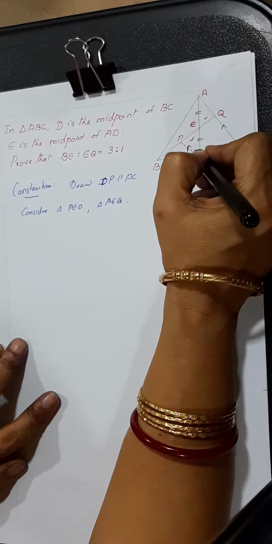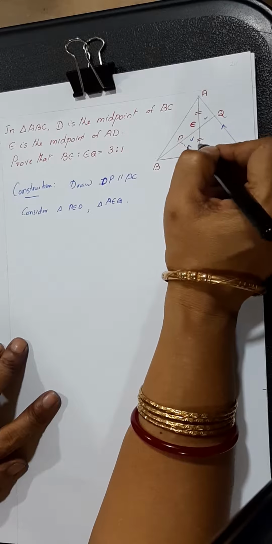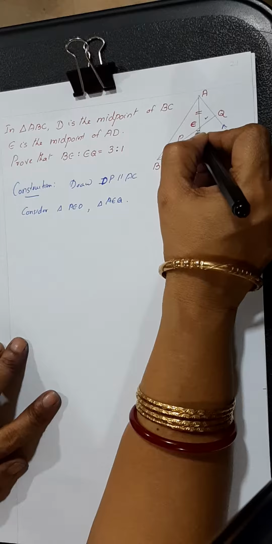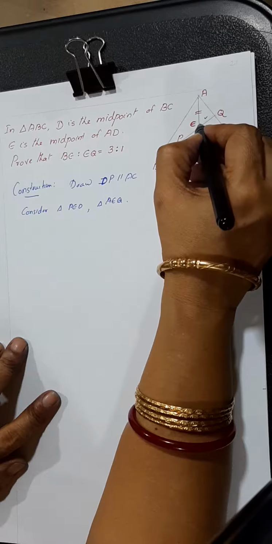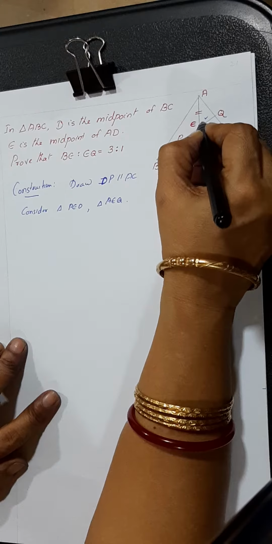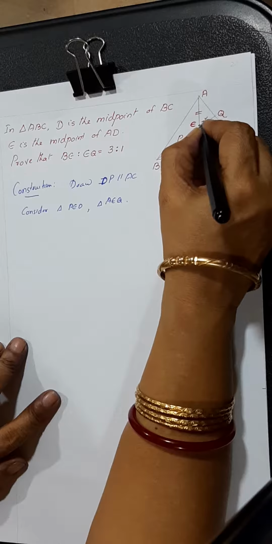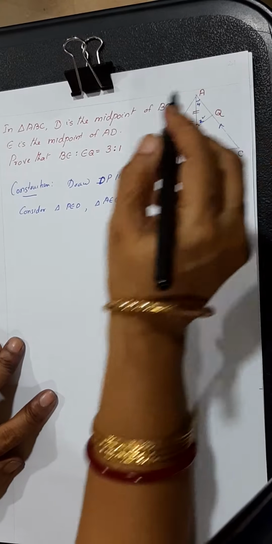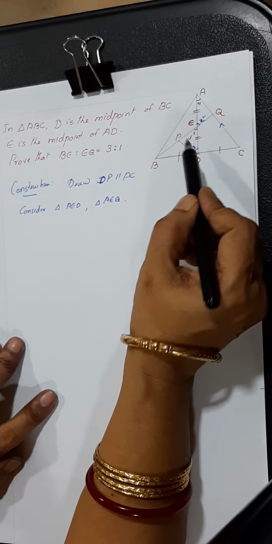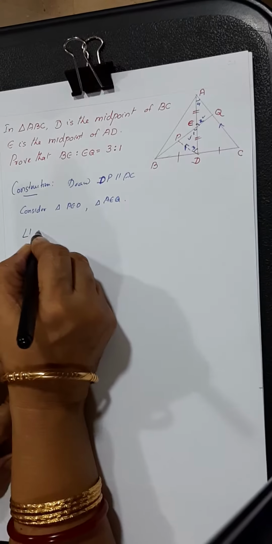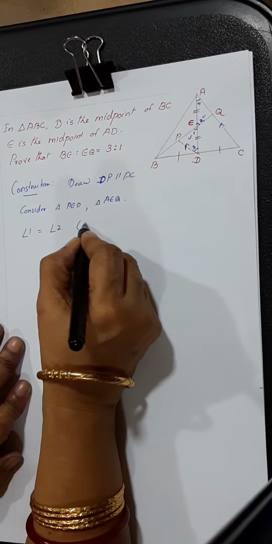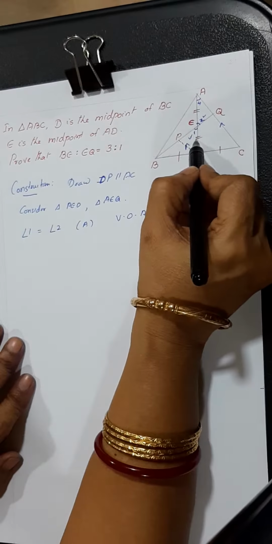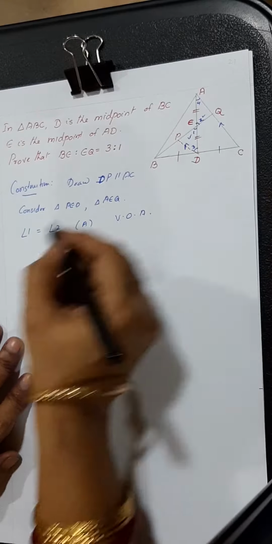So we have these two are equal, and then we have this angle, we will write this as angle 1 and this as angle 2, and this is 3 and this is 4. So in triangle PED, angle 1 is equal to angle 2 vertically opposite angles, and then we have AE is equal to ED.